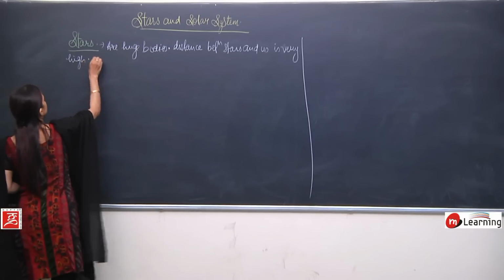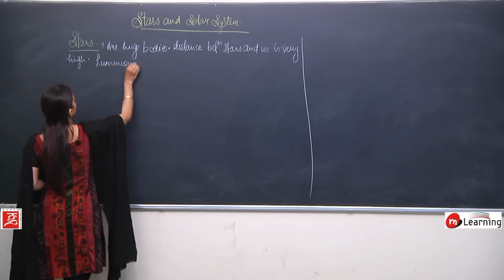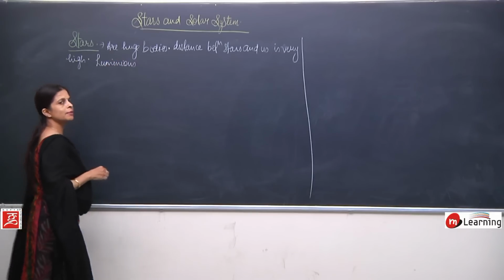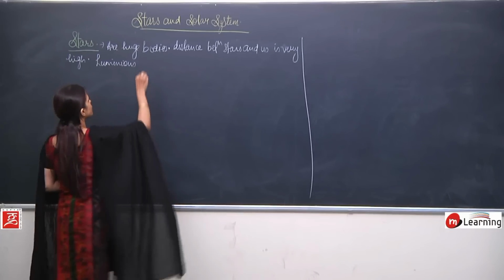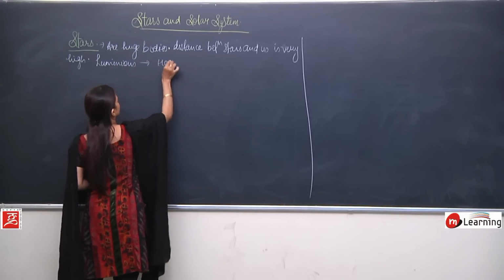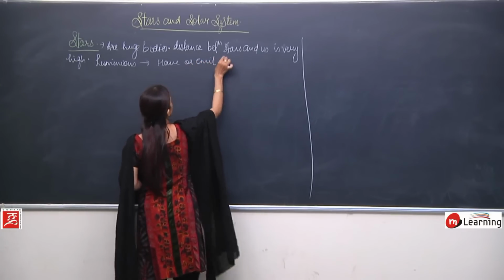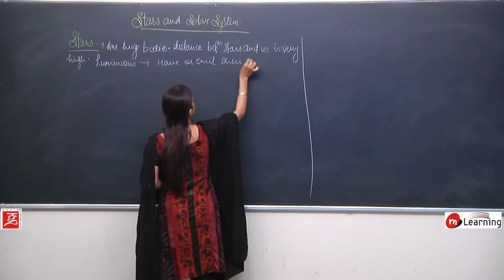These are luminous objects, isn't it? What's the meaning of luminous? Just now I have discussed the meaning of luminous. That means they have their own light. They emit their own light.